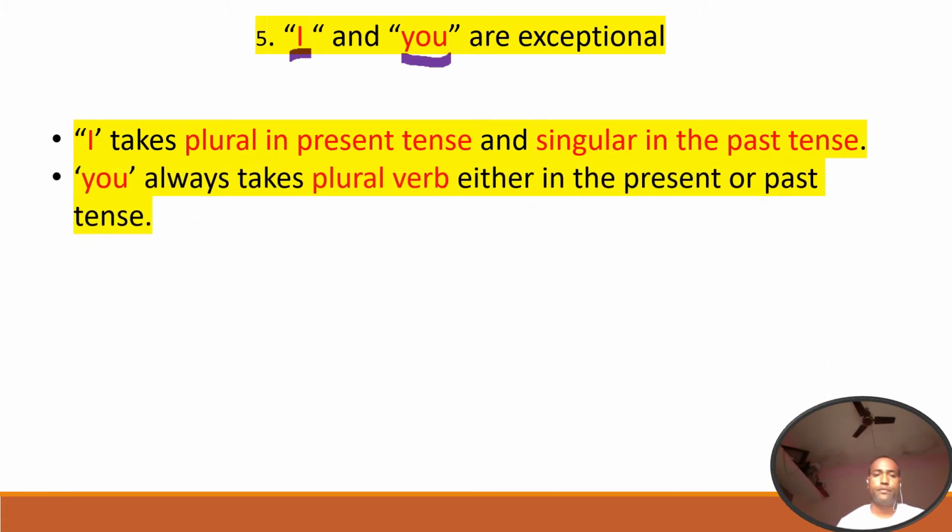And still there is some rule for "you". "You" always takes a plural verb, either in the present or past. Either past tense or present tense, you always take a plural verb. Whether you denote one person or more than one person, it does not matter. Still, it takes a plural verb.